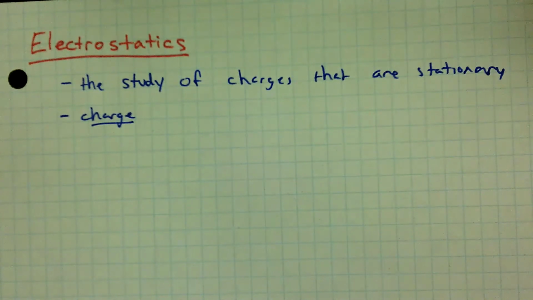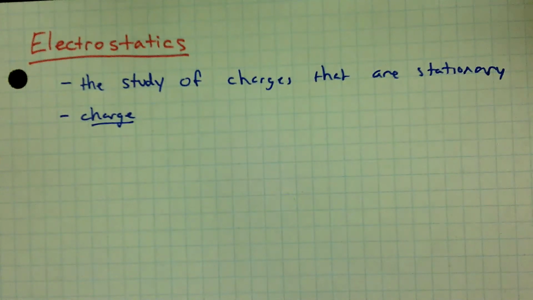It's like saying color. Something is red. What do you mean it's red? Well, it's red. Yes, it's a color, and we could go into more depth on that, but with charge you can't really go into more depth. Charge is just a thing that is.